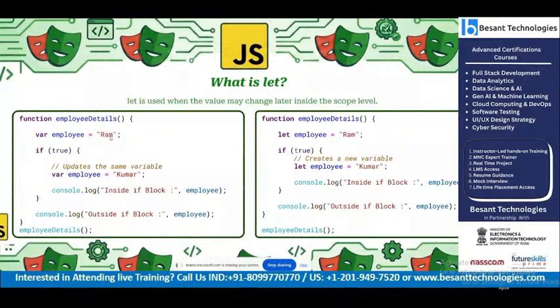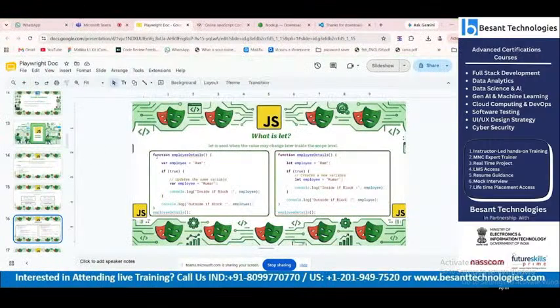In the same function, I made it Ram and apply the name Kumar again. So what happens is outside it prints Ram and inside it prints Kumar, but both variables are the same. I'll show you these things in real time. I'm copying the same code again.